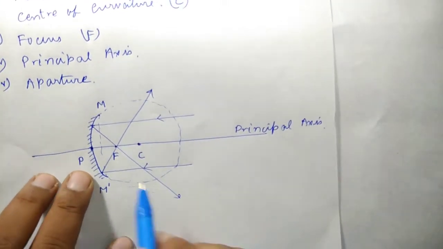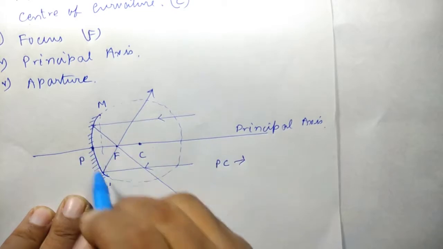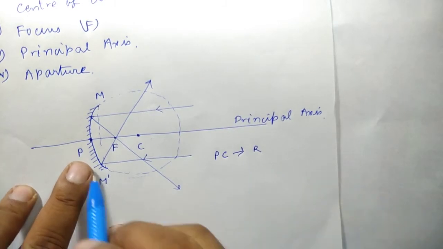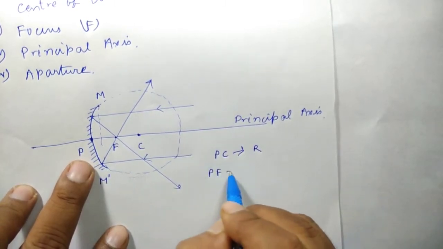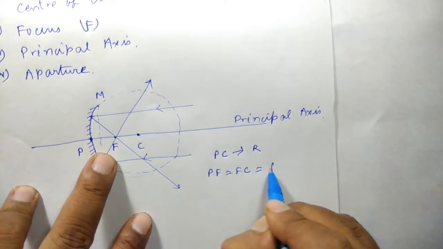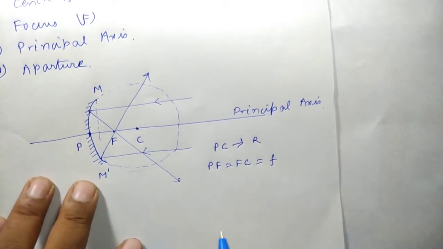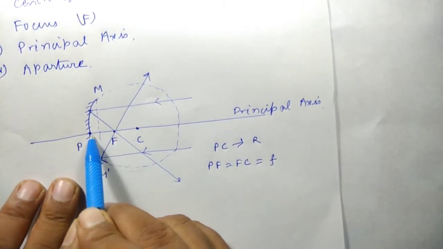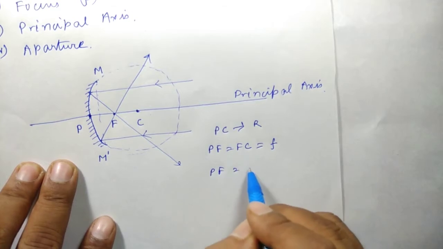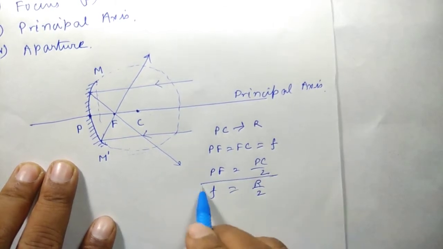Here PC is the radius of curvature, which is also the radius of the sphere, represented as R. PF, or of course FC, is termed as the focal length F. From the picture, F is exactly the middle point between P and C. We can say PF equals PC by 2. That means F equals R by 2.